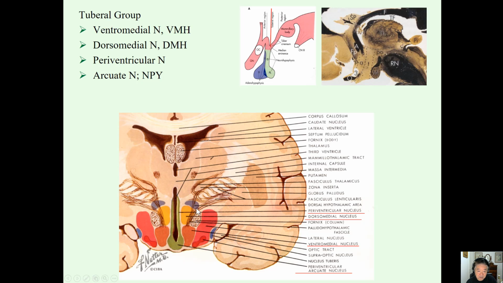From the coronal section, from the front, you will see medial and lateral. In this way, it is easier for you to remember those structures. This is the structure of the hypothalamus. I hope this is helpful for you to study the hypothalamus.